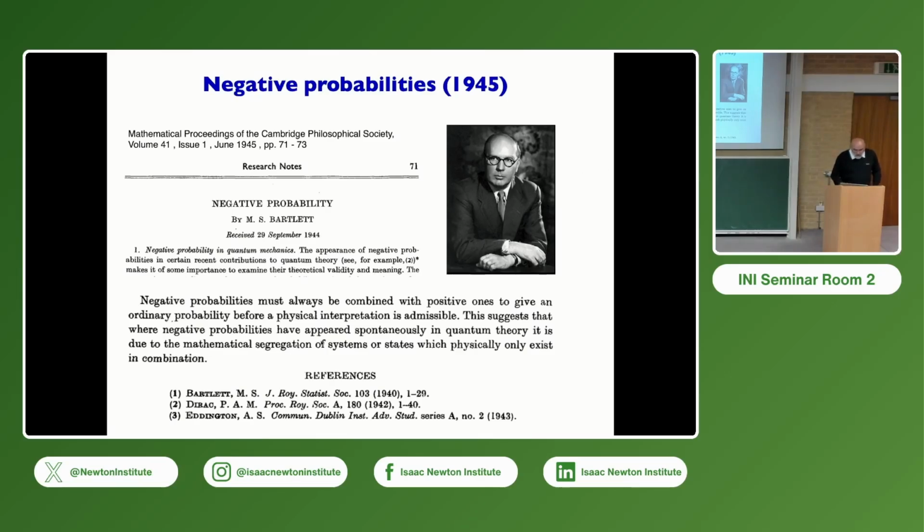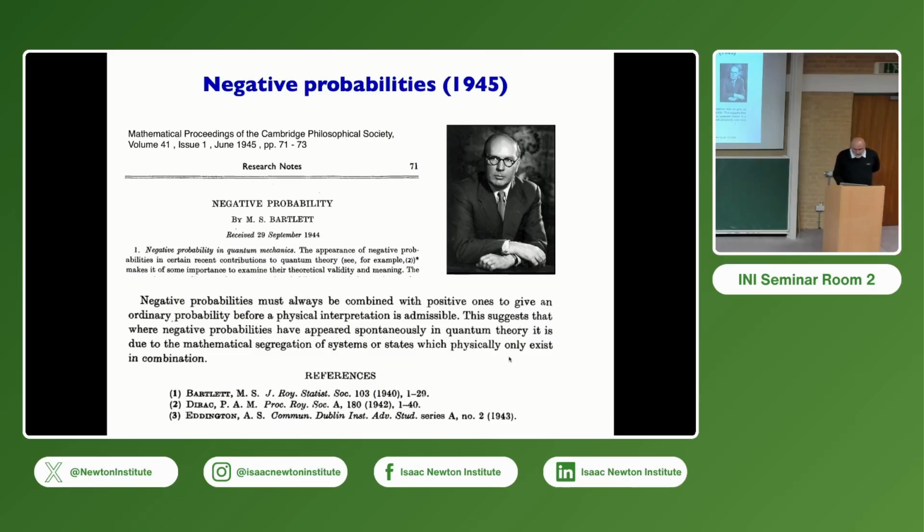And this is the direct reference to Dirac, to the publication dated 42. He also wrote, negative probabilities must always be used in combination with positive ones to give an ordinary probability before a physical interpretation is admissible. Again, auxiliary intermediate calculations are allowed.